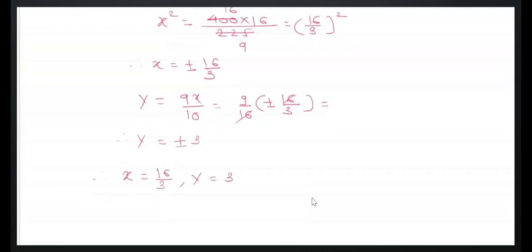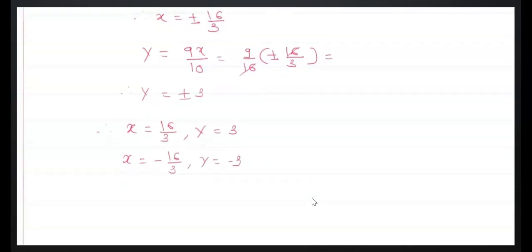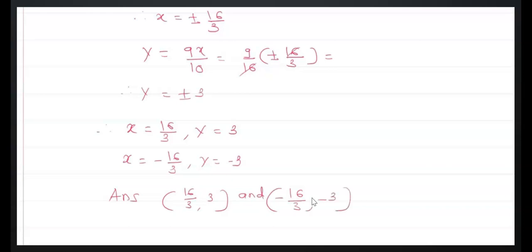Therefore, when x is equal to 16 upon 3, y is equal to 3, and when x is equal to minus 16 upon 3, y is equal to minus 3. And hence the answer is 16 upon 3, 3, and minus 16 upon 3, minus 3.